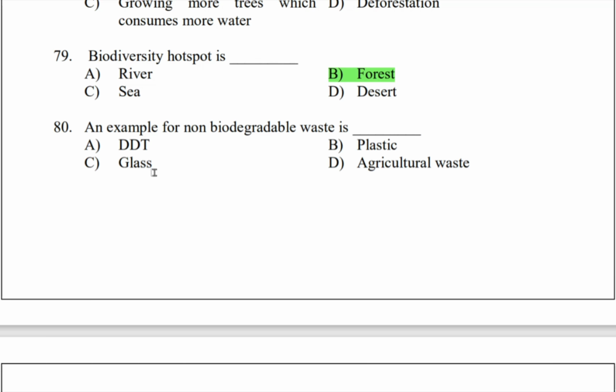An example for biodegradable waste will be option D, agricultural waste. We move on. So the correct answer is option D, agricultural waste is a biodegradable waste. The other three options are non-biodegradable waste.